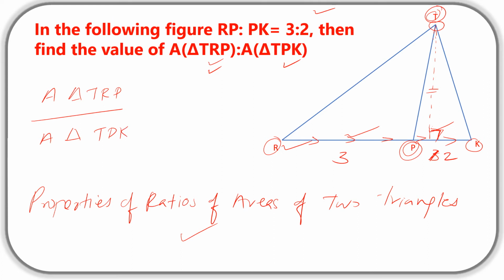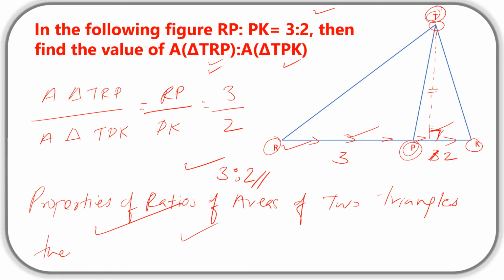We write it as the ratio of RP upon PK or any such corresponding side, and naturally it becomes 3/2. So the answer is 3:2 only. But this particular theorem we have to write below it, according to the properties of areas of two triangles. Or you write the theorem itself.